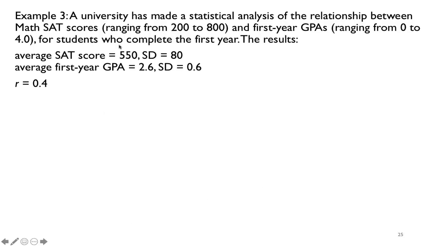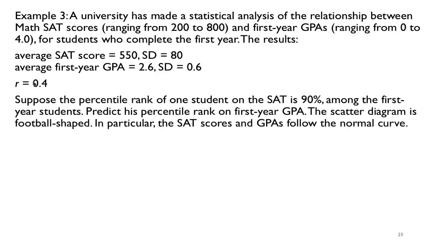And by looking at that data, the data says that the average SAT score of these students is about 550 with SD of 80, and then the average first-year GPA is about 2.6 with the spread of about 0.6. And suppose that the correlation coefficient is 0.4.